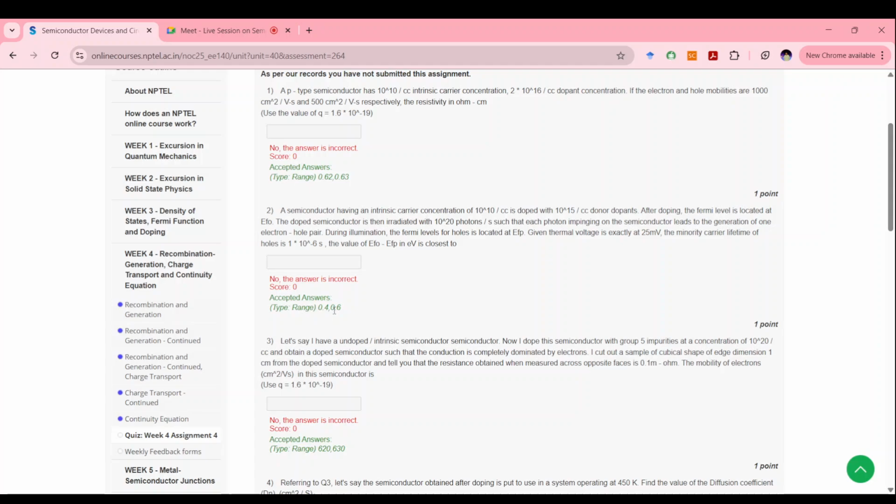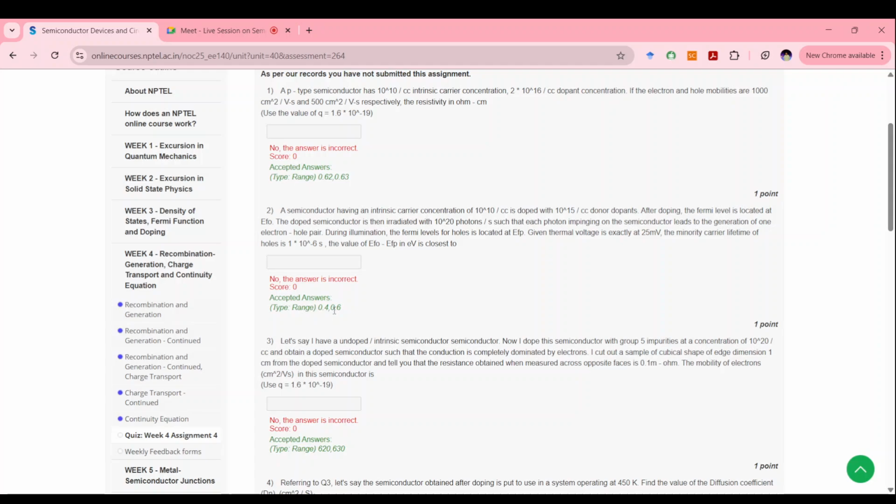They have also mentioned this is a p-type one. So if the electron and hole mobilities are 10 to the power 3 centimeter square per volt second, so mu n and mu p both are the same.